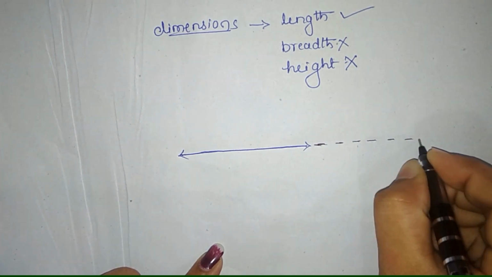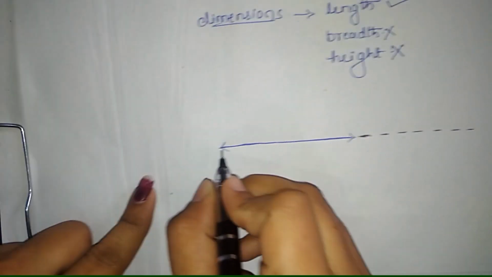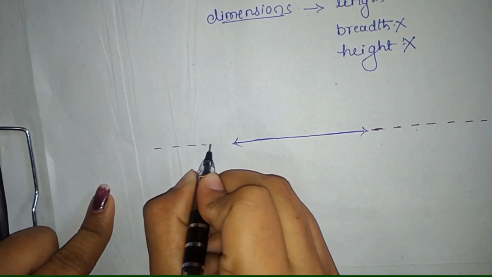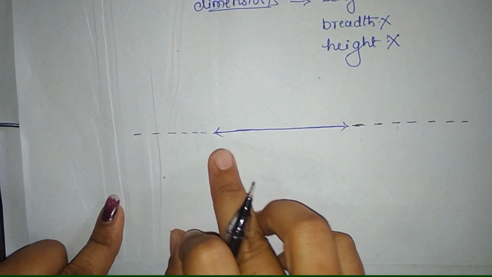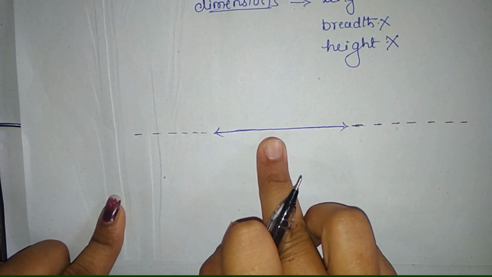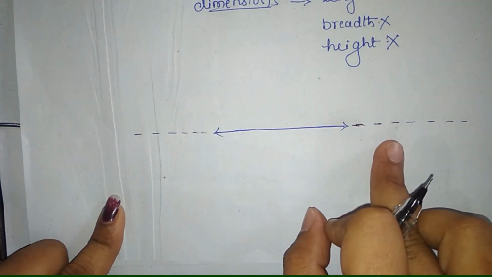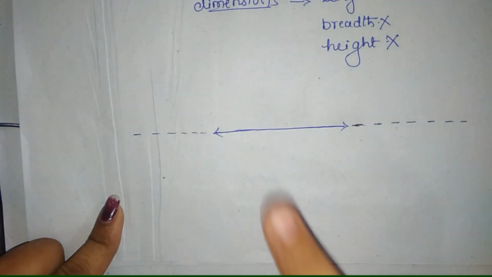I can extend this line on this side also, and also on this side. It means line is nothing but a single dimensional figure which can be extended infinitely in both directions.